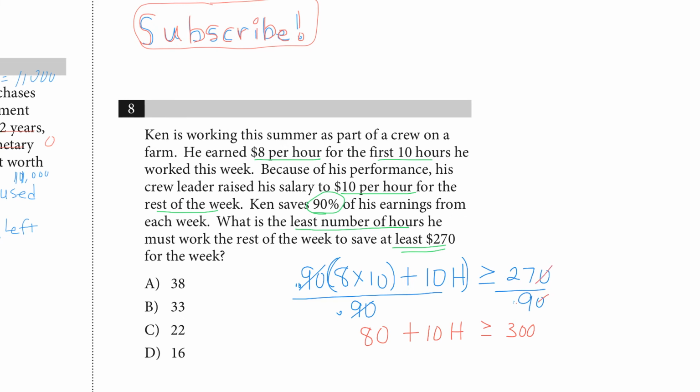These will cancel out. So all you have to do is 270 divided by 0.9, and that'll give you 300. Subtract 80 on both sides, that gives me 220. And if I divide by 10 on both sides, that'll give me 22. So H has to be at least 22 hours. So the answer here would be answer C for number 8.